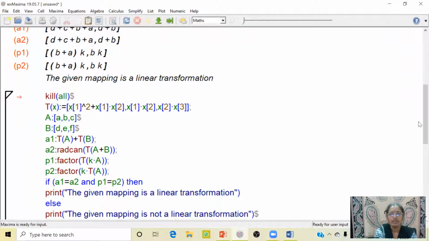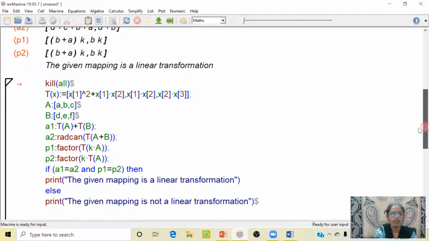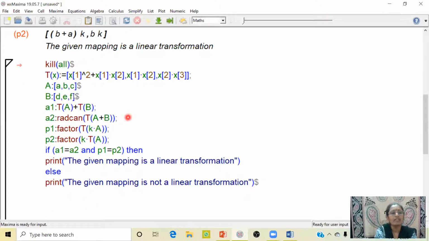So this is the Maxima code for the second problem. Here you can see this is T of x, and we have taken two elements of V3R, in x comma y comma z format, that is a comma b comma c, d comma e comma f. So let us name a1 as T of a plus T of b, and a2 as T of a plus b, p1 as T of k into a, and p2 as k into T of a.